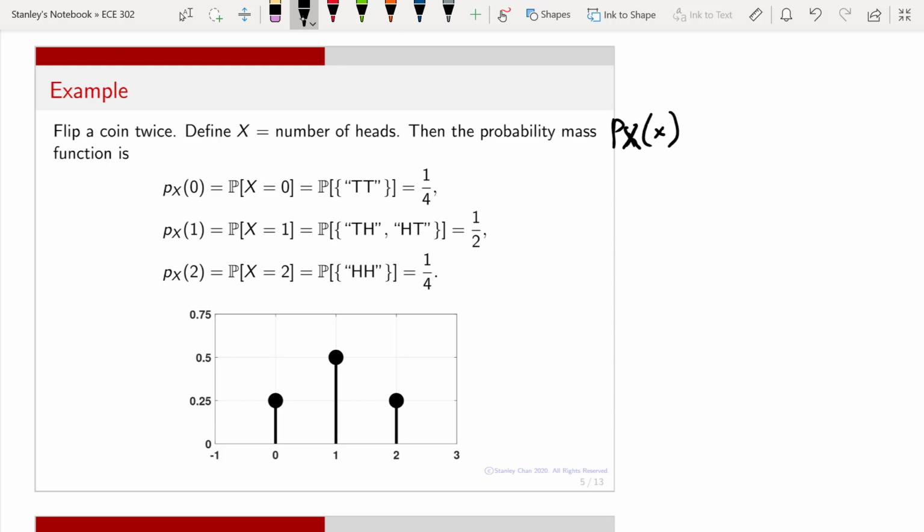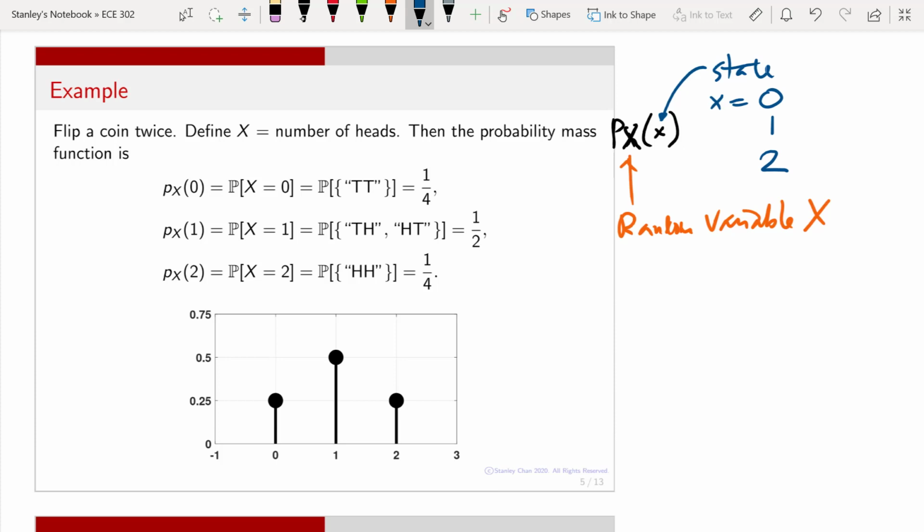Big X refers to the random variable X. This small x refers to the state. And how many small x that you can have? States 0, 1, or 2 for this problem, because you're talking about the number of heads.